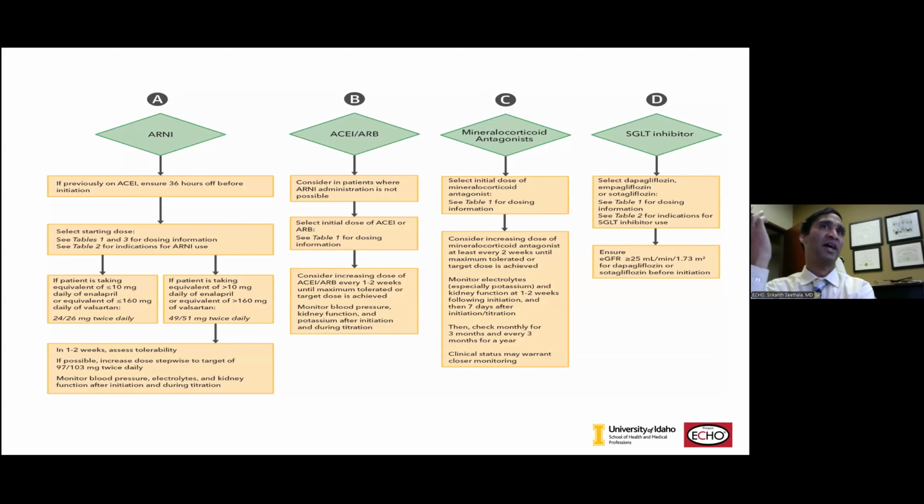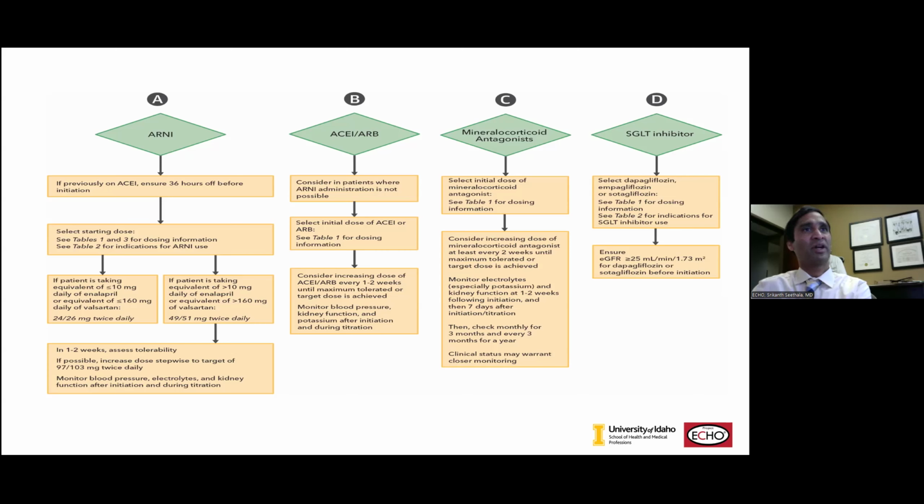And this is a slide that gives us roughly what we need to do, what doses of ARNI we need to start on. This is directly from the guidelines, and it's strongly recommended to use ARNI if the patient can afford it, and if the patient can tolerate it. If not, then ACE inhibitors and ARBs are alternatives.